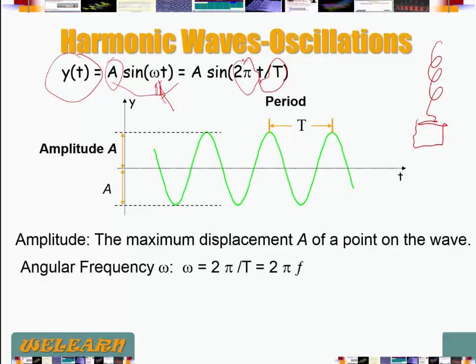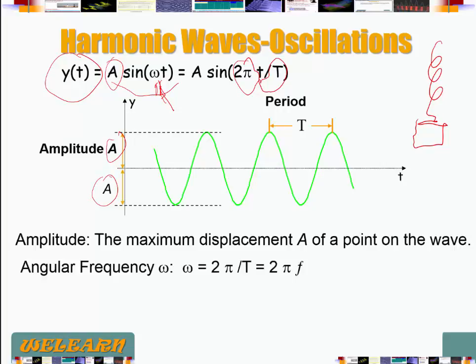Just as a reminder, when we graph the function, what's shown here in green, the amplitude is the height of a crest or the depth of a trough in the sine function. So we have an amplitude on top of the equilibrium position and an amplitude below the equilibrium position.